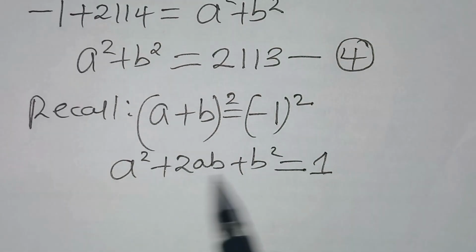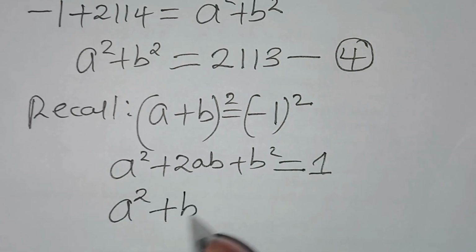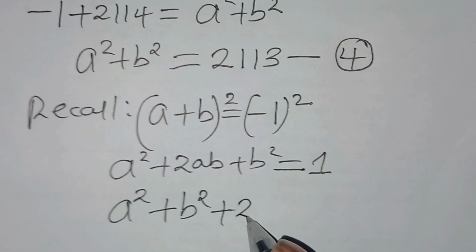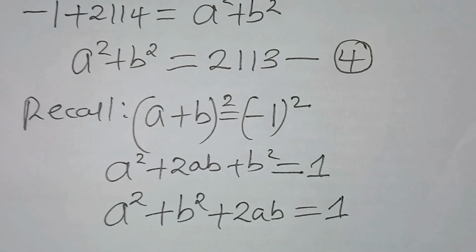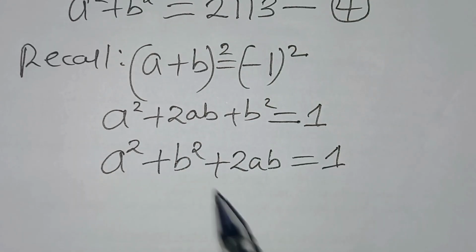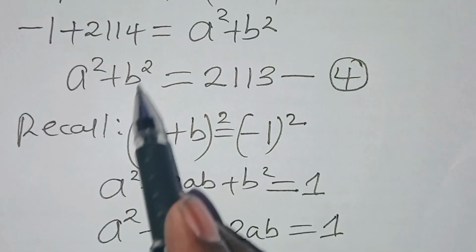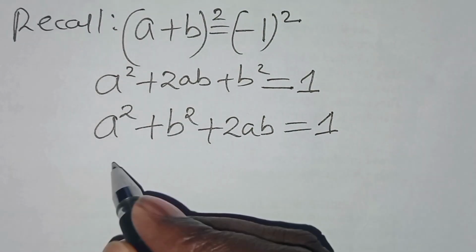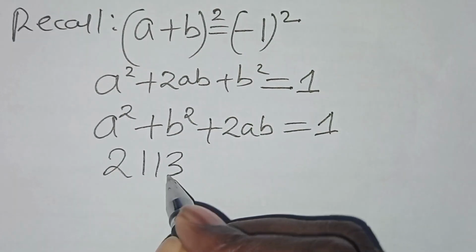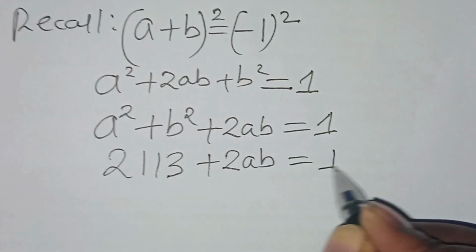Now, from what we have here, we have that a squared plus b squared plus 2ab, this is equal to 1. But from equation 4, we have a squared plus b squared is equal to 2113. So here we have 2113 plus 2ab, this is equal to 1.